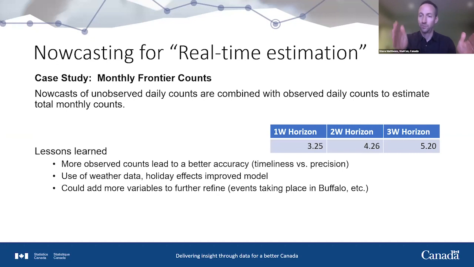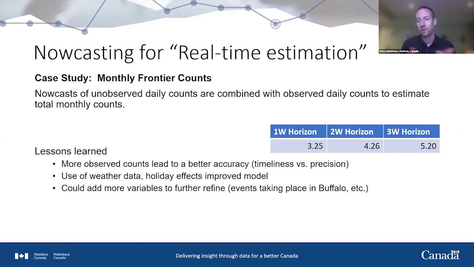If we use the first 2 weeks of real data and forecast fewer days, we get more accurate. If we use the first 3 weeks and only forecast the last week, we get even more accurate. So what you see here is that if we're only forecasting a 1 week horizon, our monthly count was on average within 3.25%. If we forecasted the last 2 weeks, it was about 4.25%, and 3 weeks, 5.25%.